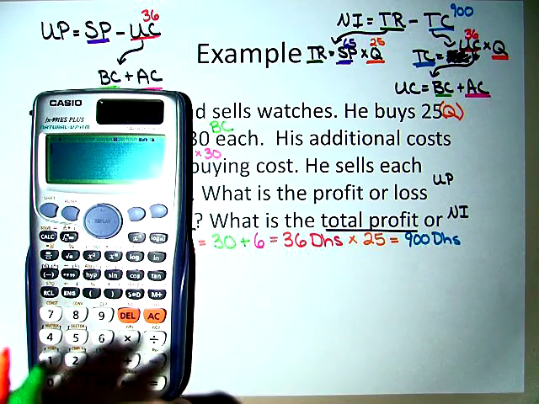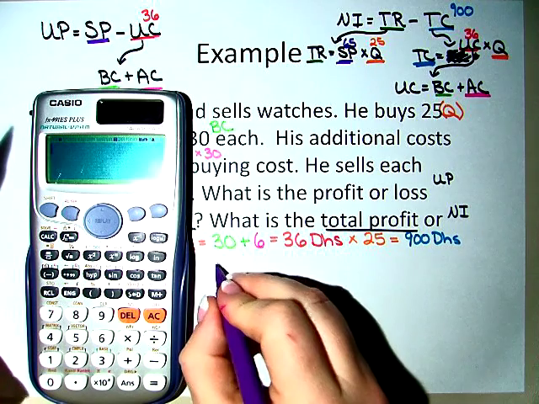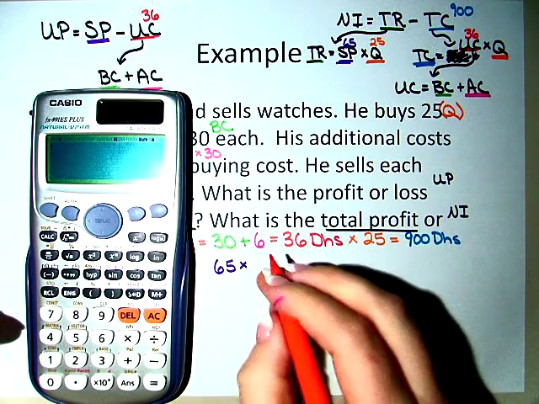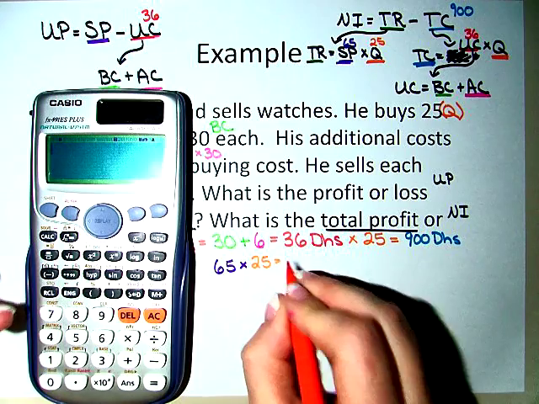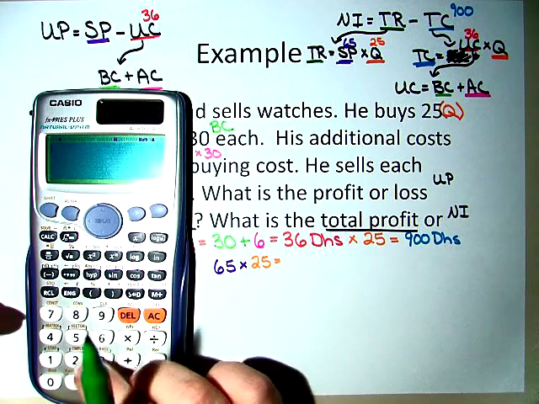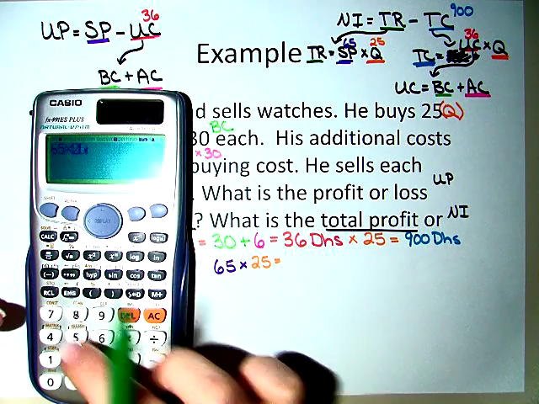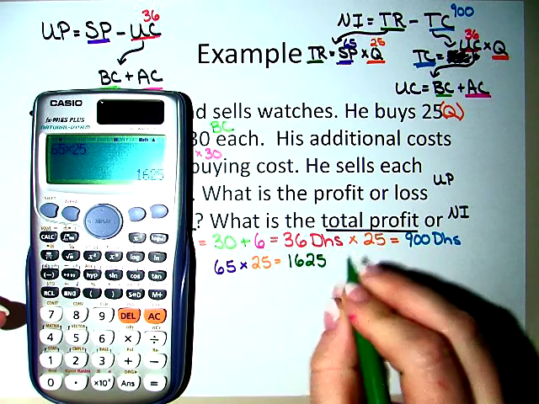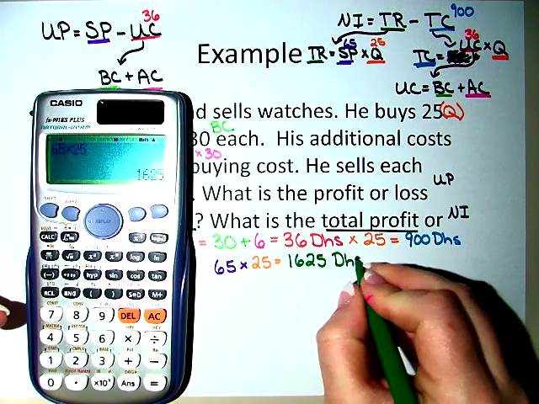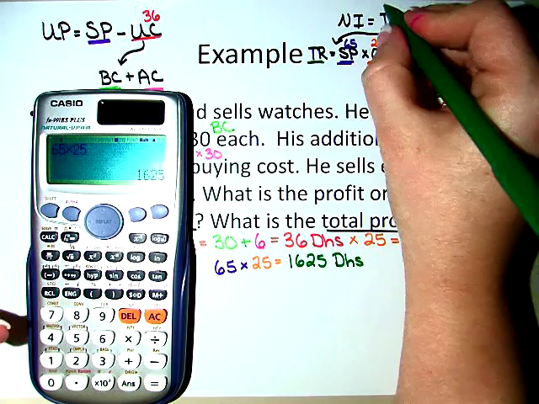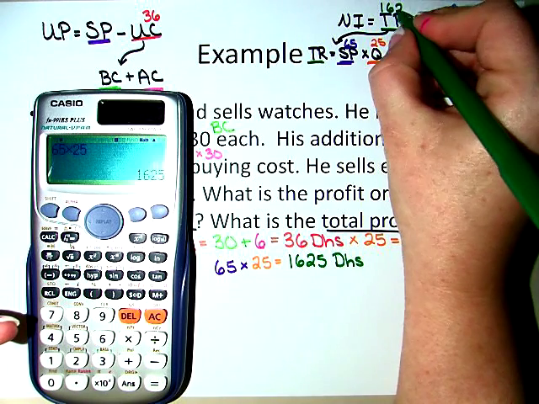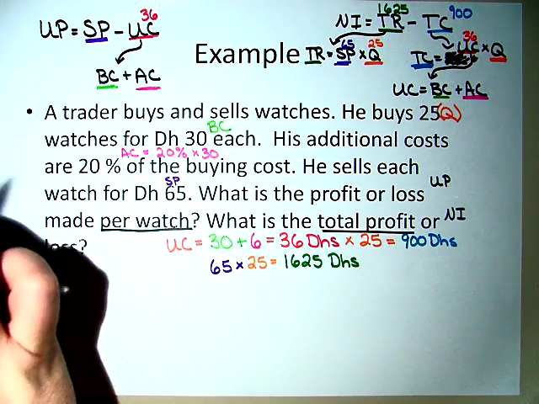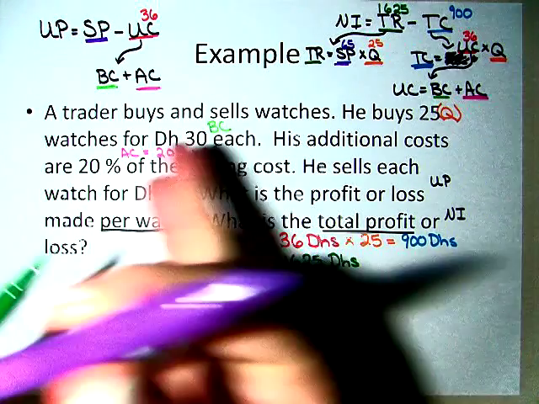We're going to do 65 and multiply it by 25 to find my revenue. My revenue is 1,625 dirhams. Now here we already figured out our selling price earlier. Our selling price was 65.